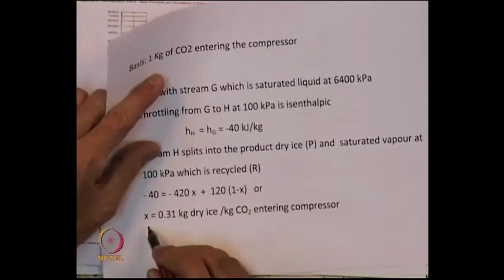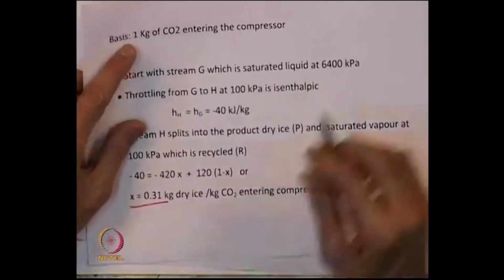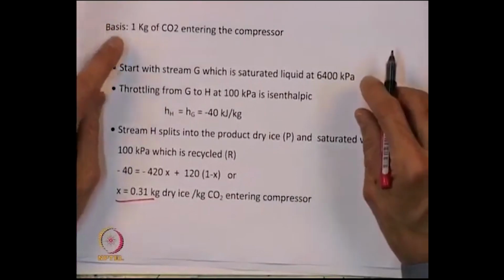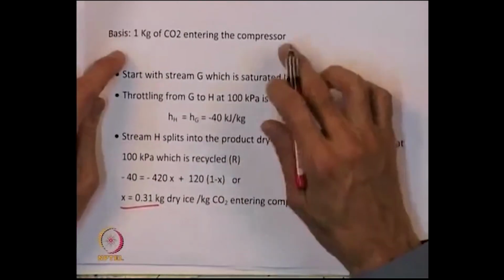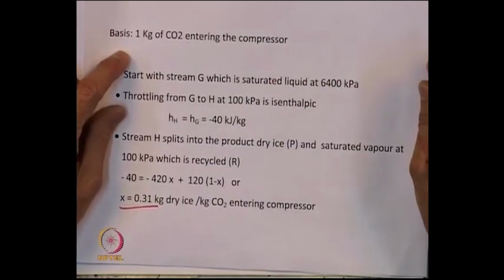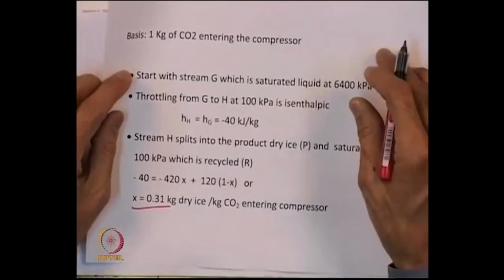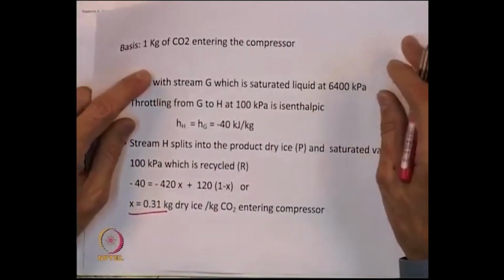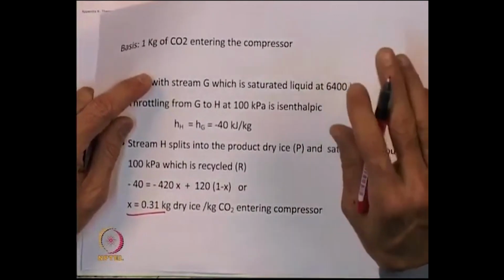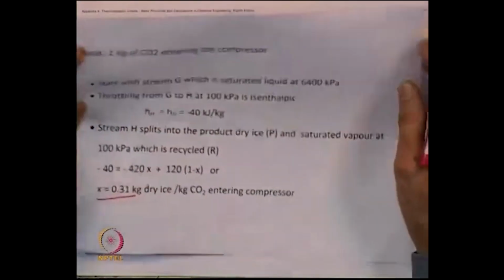The X value that you get is 0.31 kg dry ice per kg of carbon dioxide entering the compressor. Our basis is 1 kg entering the compressor. That means for every kg entering, 0.31 of snow is formed, dry ice is formed, and 0.69 is recycled.